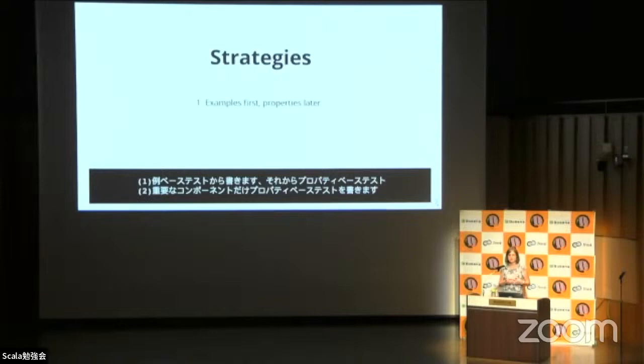The first one is, when you write a new piece of code, start with example-based tests first. So traditionally, start from a simple test, simple implementation, more difficult test, more complex implementation. Then try to find on your own as many edge cases as you can, prepare example-based tests for them, and when you think you are done, only then start to think about properties.